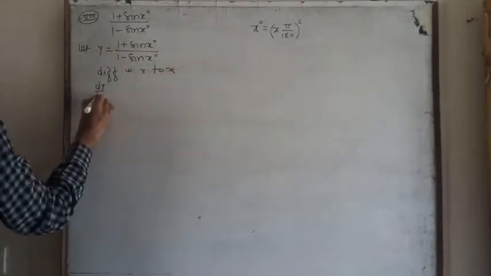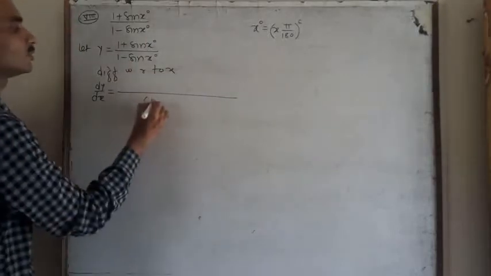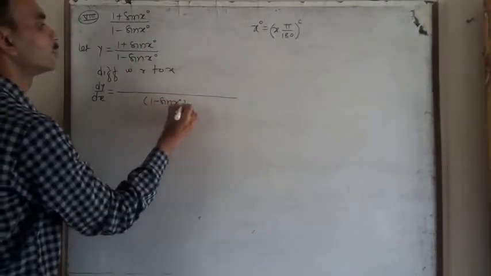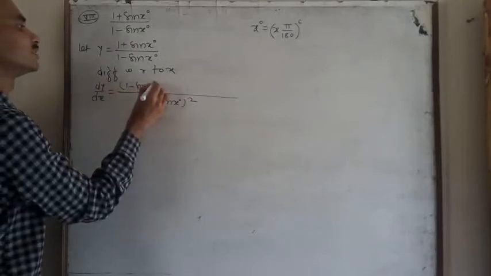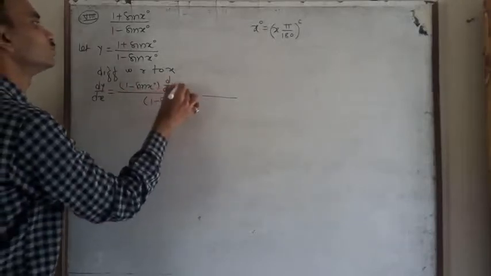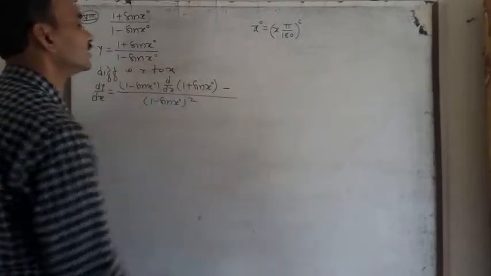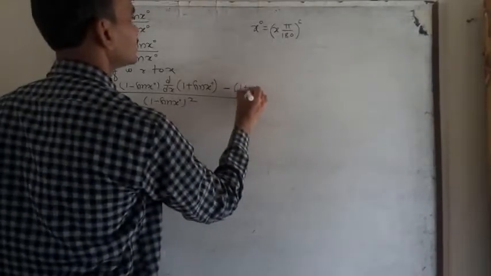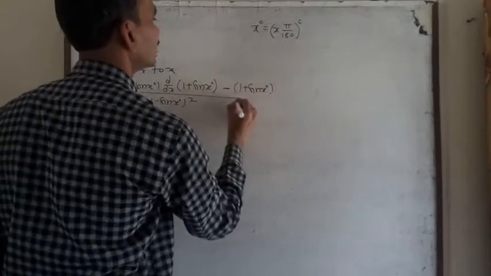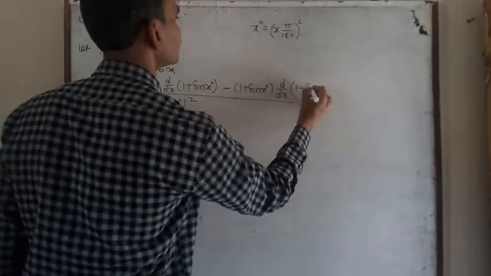dy by dx equals, by the quotient rule, 1 minus sine x degree bracket square, this v as it is, and d/dx of u, that is 1 plus sine x. This is a minus sign here, so 1 plus sine x degree upon d/dx of 1 minus sine x degree.